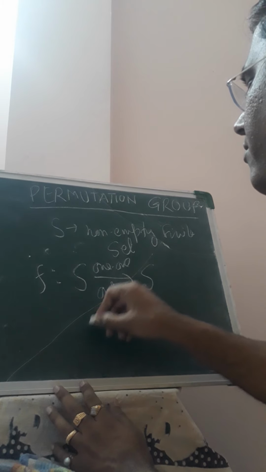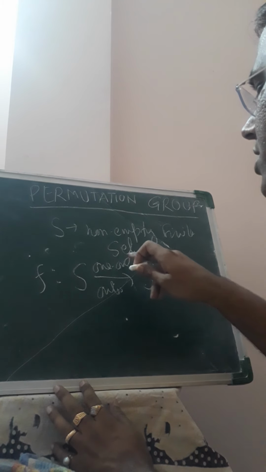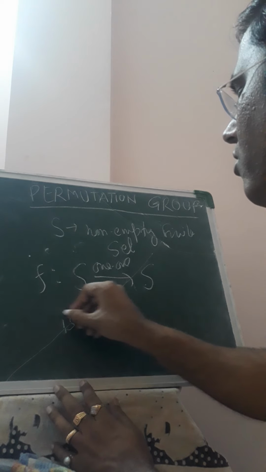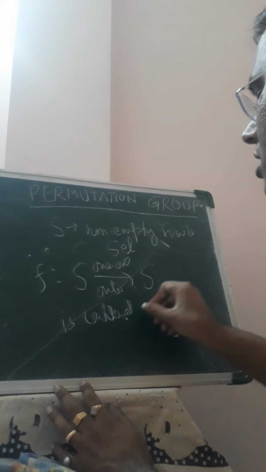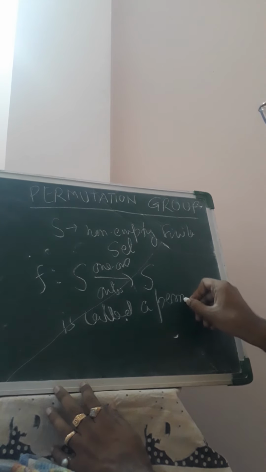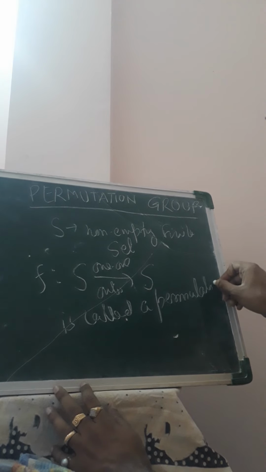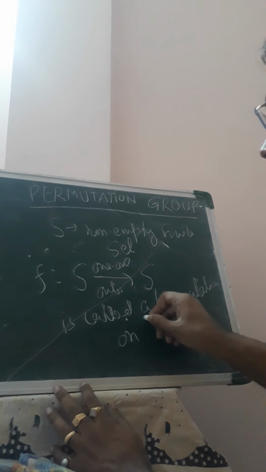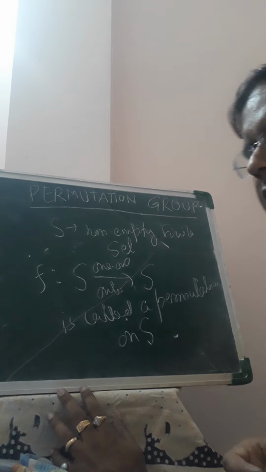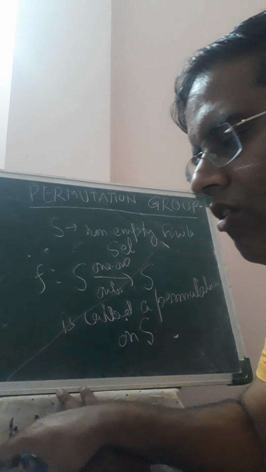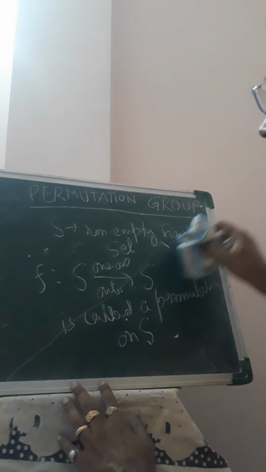So a mapping F from S to S, which is 1-1 and onto, is called a permutation on S.